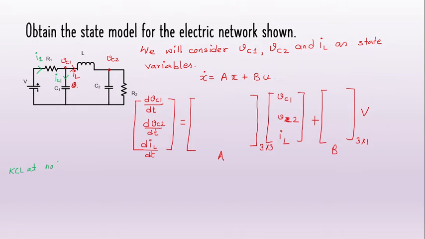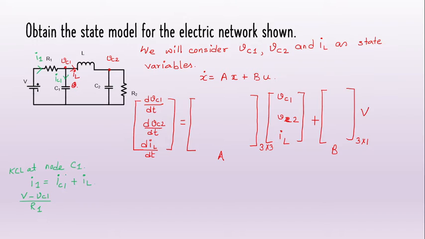If I write KCL at the C1 node, I find I1 will be equal to IC1 plus IL. Now what is I1? I1 is V minus VC1 divided by R1.